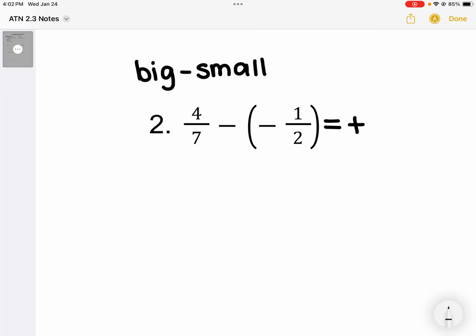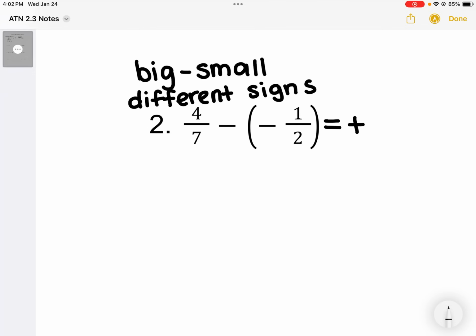Next thing I need to recognize is, are these same signs or are they different signs? This is a positive 4 over 7 and a negative 1/2. They are different signs. Because they are different signs, I am going to do the opposite of the operation in the middle.